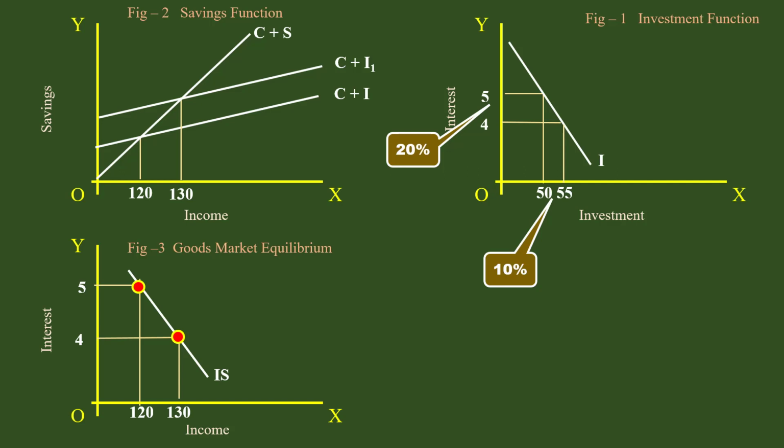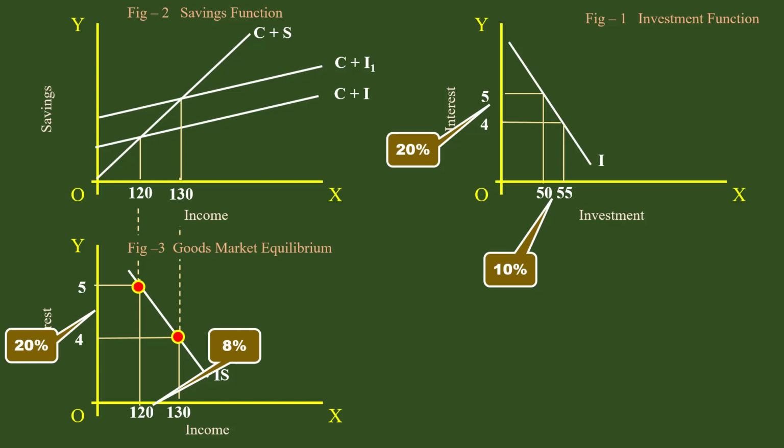How? We shall use the same example. Look at figure 3. Here also, the percentage decrease in interest is 20%. The percentage increase in income, when the income increases from 120 rupees to 130 rupees, is 8%.